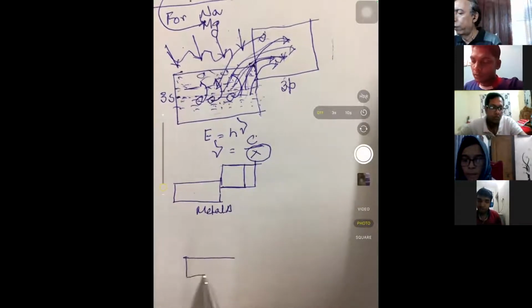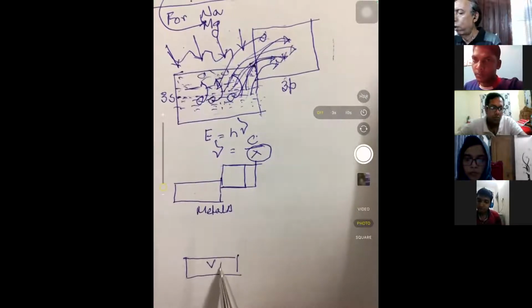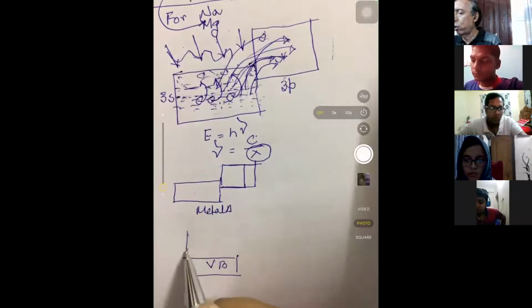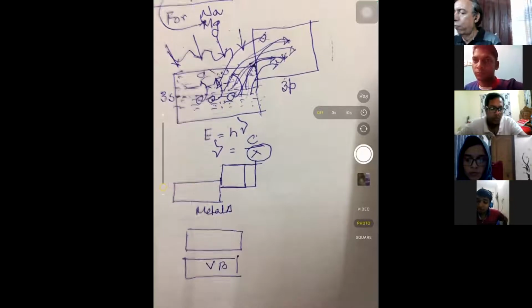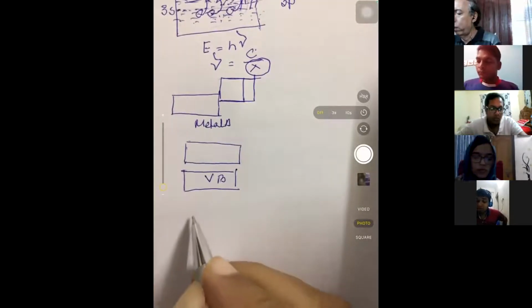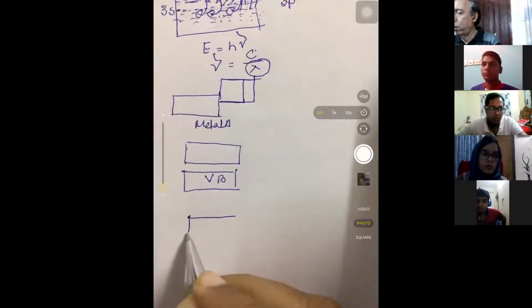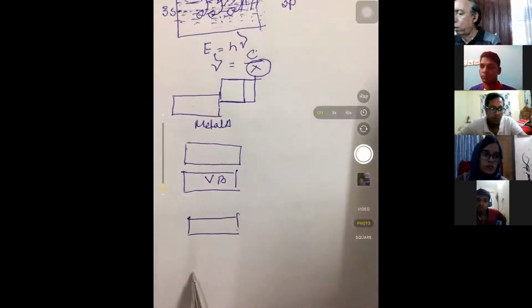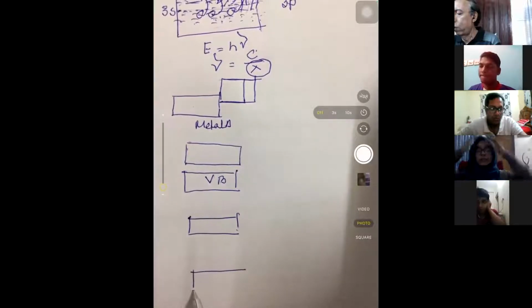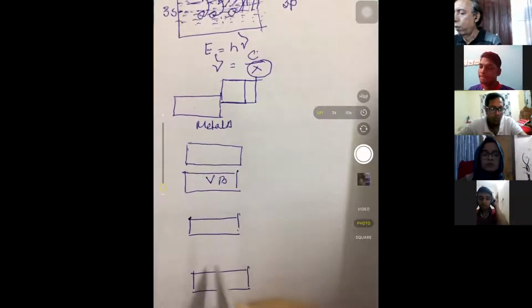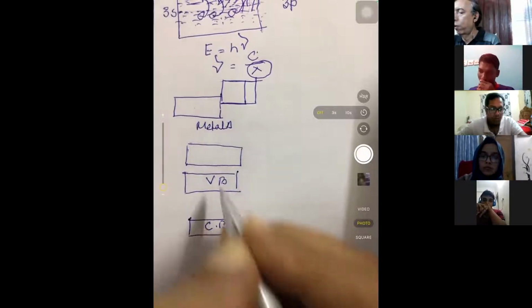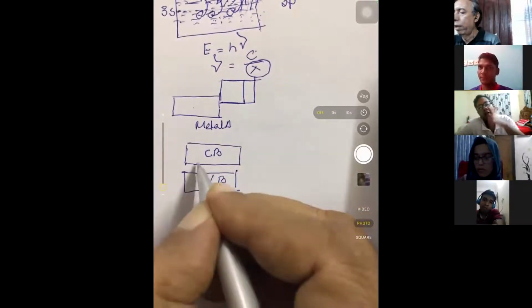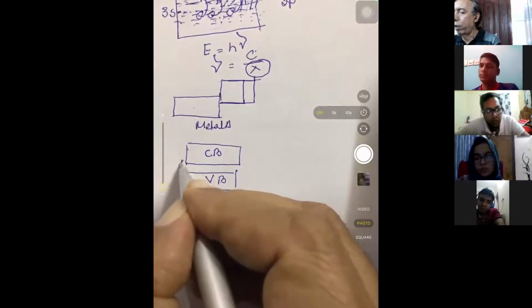This is the valence band, and this is the conduction band.